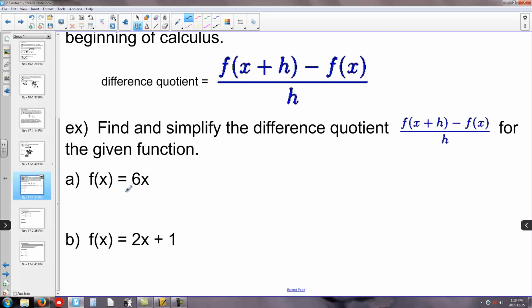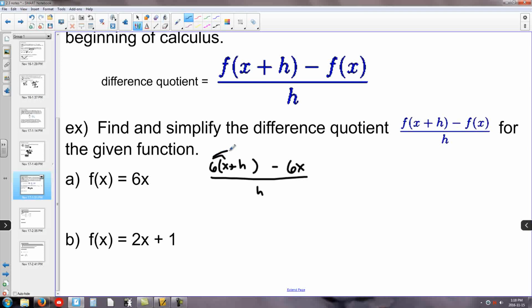Find the difference quotient. So right here, f of x plus h. That means I'm going to take this equation, the f of x, but instead of putting in x, I'm going to put x plus h. That makes it 6 times (x plus h), minus f of x, the original problem, 6x, over h.